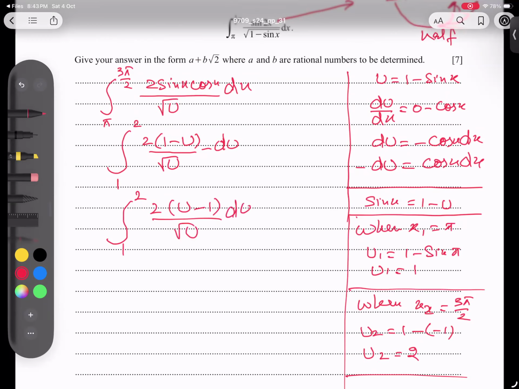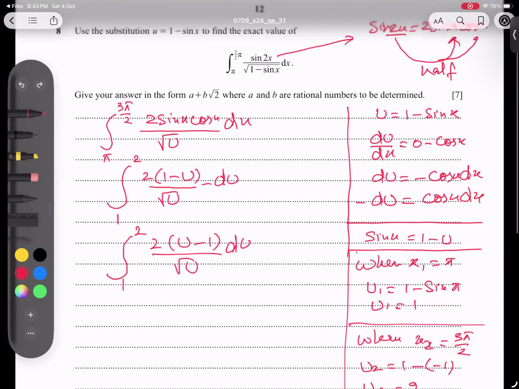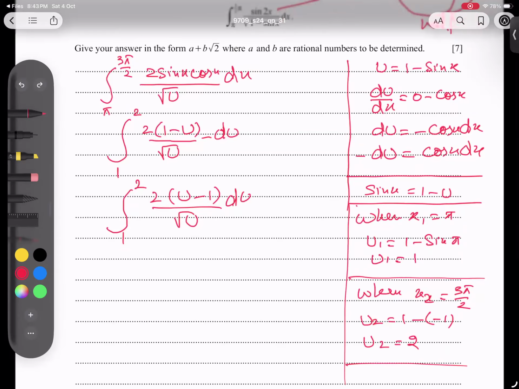Let me repeat my words once again. If you look carefully, we have to take care about the sign here. So this minus inside multiplies to become a minus sign, and minus into minus I got a plus sign. I hope this part is very clear. Okay, now how to continue further?